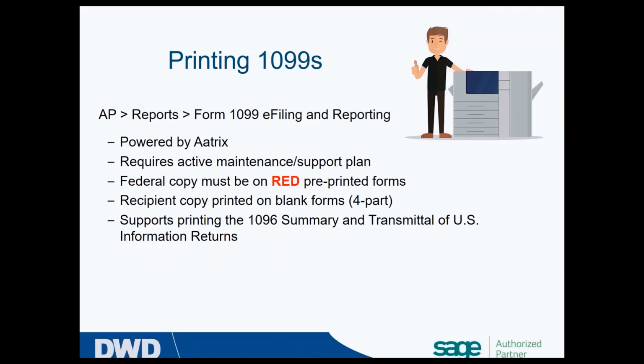And when you go to print this, and I get this question so much this time of year, what do my forms need to look like? With Aatrix, many of the forms will print all of the grid lines in addition to the information, with the exception of the federal copy of the 1099 and the 1096. You must have the red pre-printed forms for the 1099s.